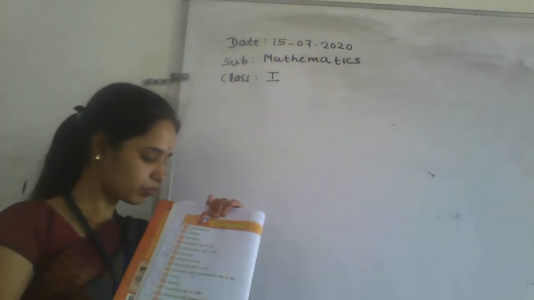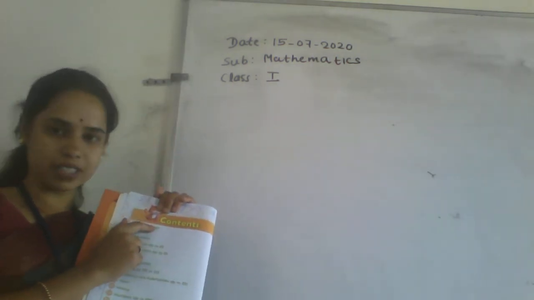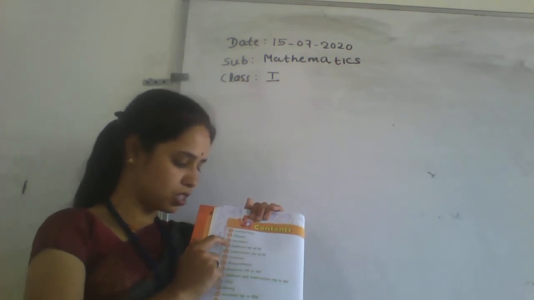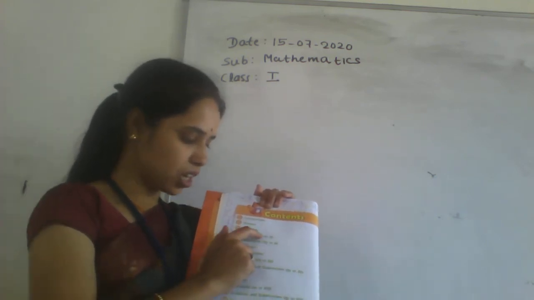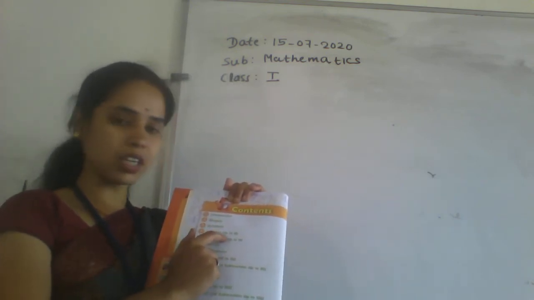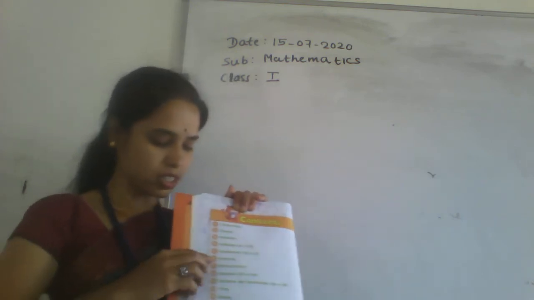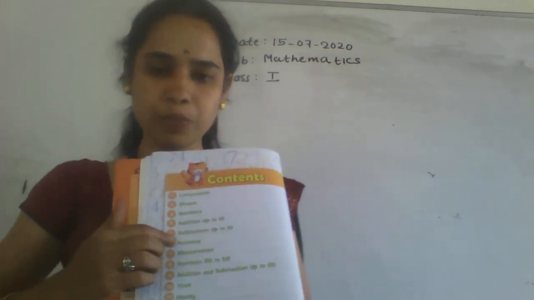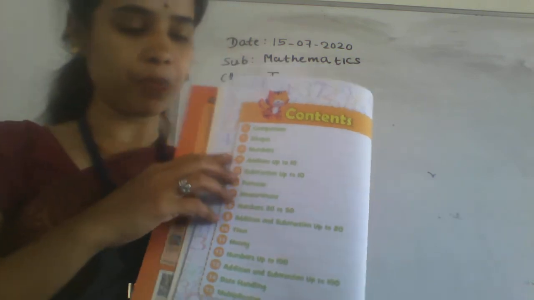See here. First chapter is comparison. Second one shapes. Third one numbers. Fourth one addition up to 10. Fifth chapter is subtraction up to 10. Next, sixth chapter is patterns. I hope you are all watching this book.